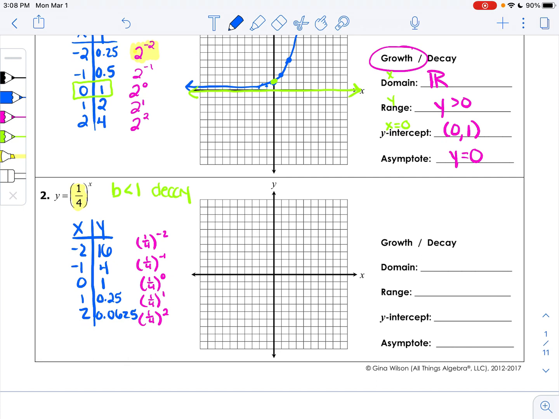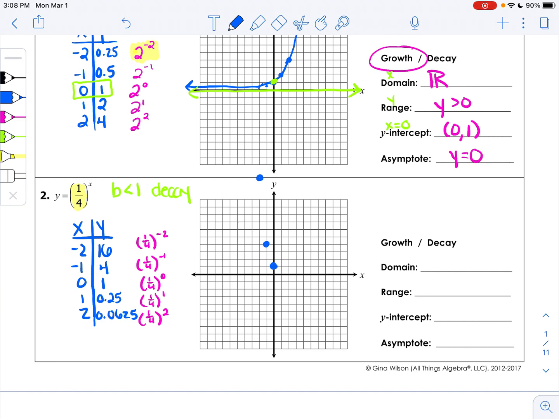So now we're going to graph it. So my first point, -2, 16. We're going to go over 2 to the left and up 16. And it goes off of our graph about here. Then our next point, -1, 4, at my origin, go over 1, up 4, 0, 1.